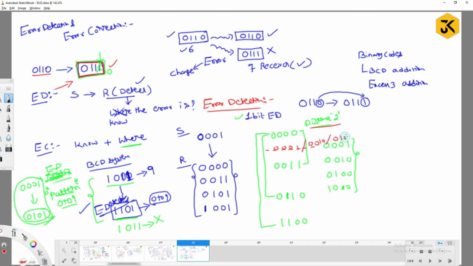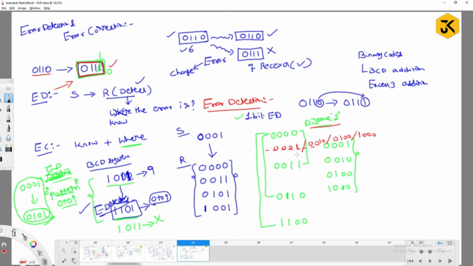If it is 0100, it may be found here only. If it is 1000, it may be found here only. Meaning that when there is a pattern where the distance between two valid data is 2, then whatever data I am trying to send, if there is a 1-bit error, I can automatically find that error.